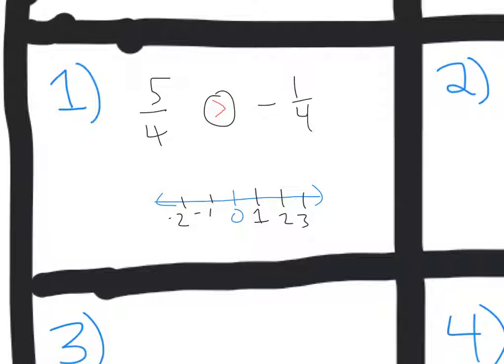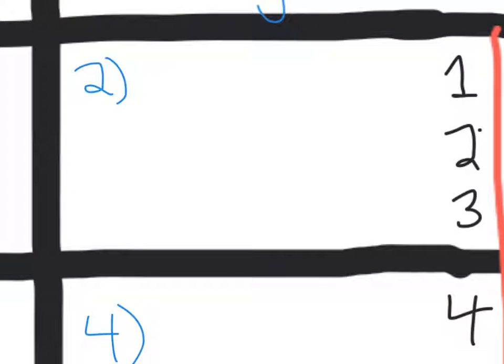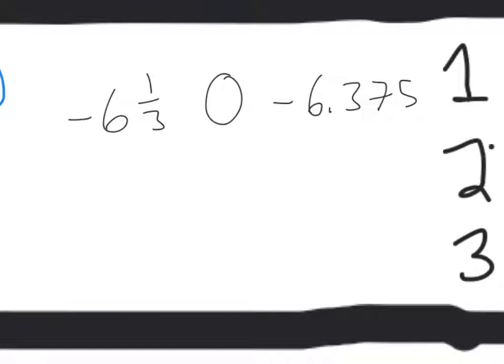Okay, let's check out number 2. It's a little bit more challenging. We've got negative 6 and 1/3 and negative 6.375. This one isn't as obvious because we need to convert one of them into the other form.